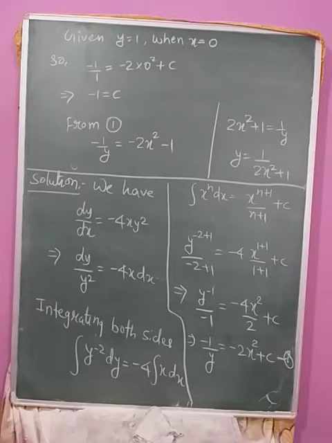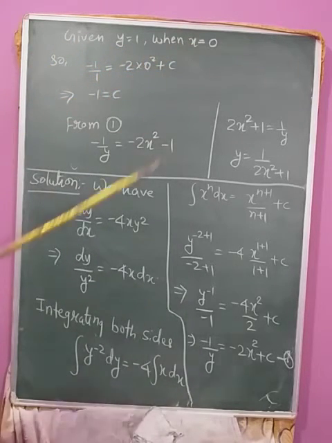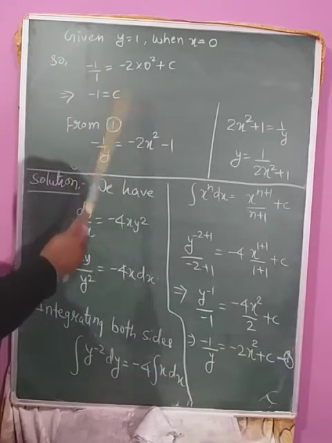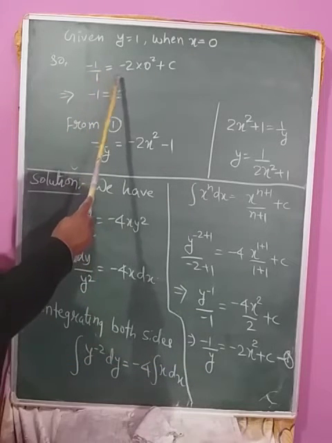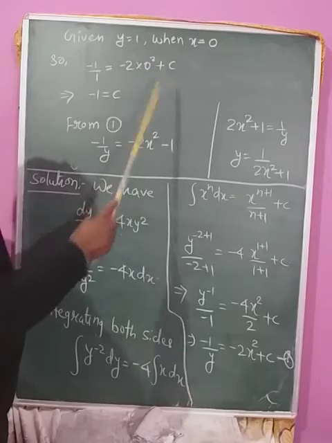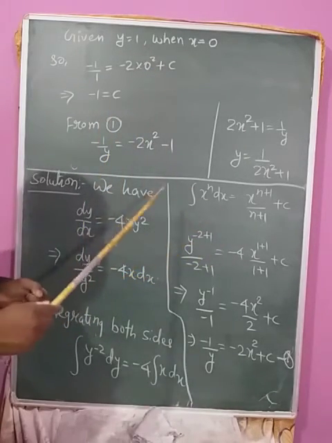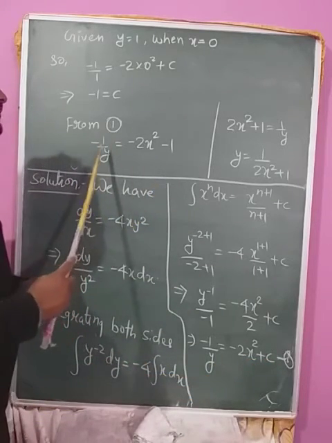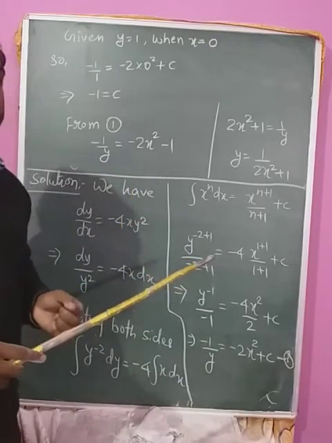Given that y equal to 1 when x equal to 0, we put it in equation 1. We have minus 1 by y, and y is 1, so minus 1 equal to minus 2 into 0 square plus c. So we have c equal to minus 1, and therefore from 1 we put in the value of c: minus 1 by y equal to minus 2 x square minus 1.